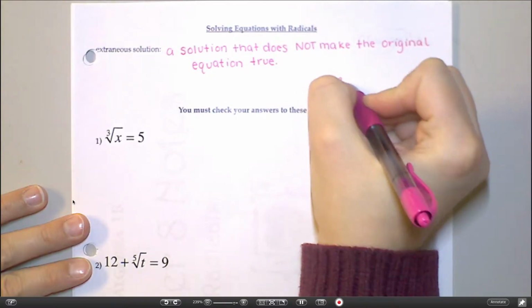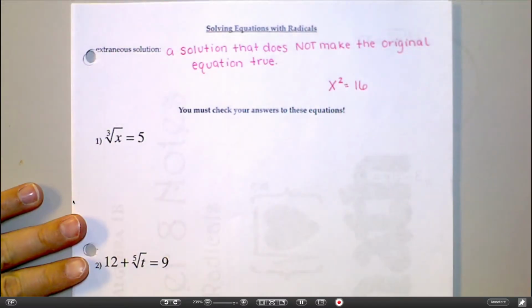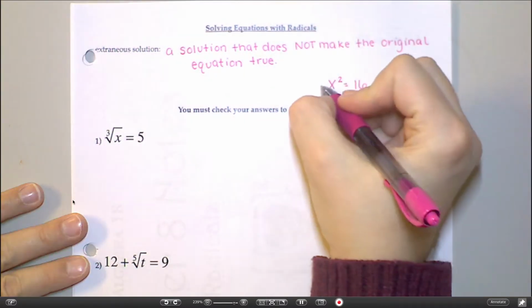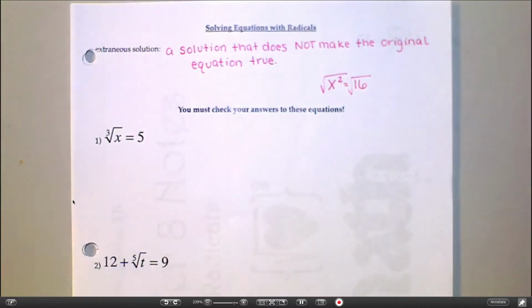So I want you to think back, and you don't have to write this down, but when we did equations like this, x squared equals 16, what did we do to get rid of the square? Square root, right? Because square and square root are opposites of one another. Okay? So what if you wanted to get rid of a square root? What do you think you could do?